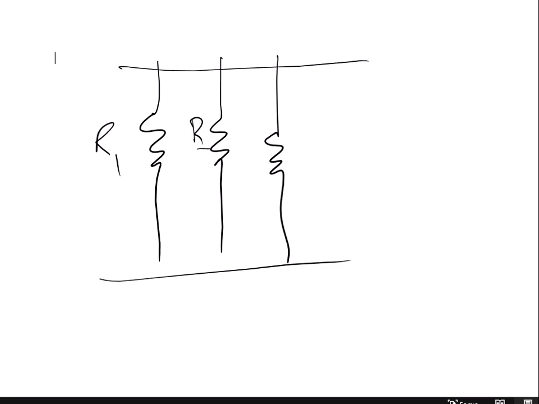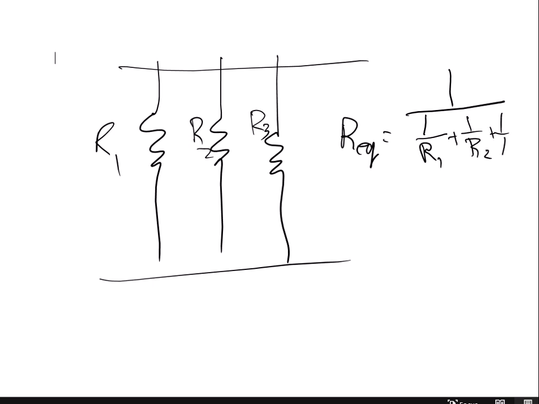If I had three resistors, then the way you find R equivalent is R equivalent is 1 over 1 over R1 plus 1 over R2 plus 1 over R3. Why do you do it that way? Because this is the real formula. It just so happens that it simplifies to product over sum if you have two of them.